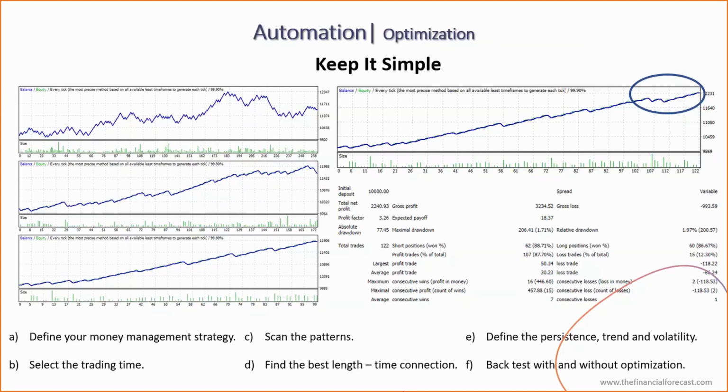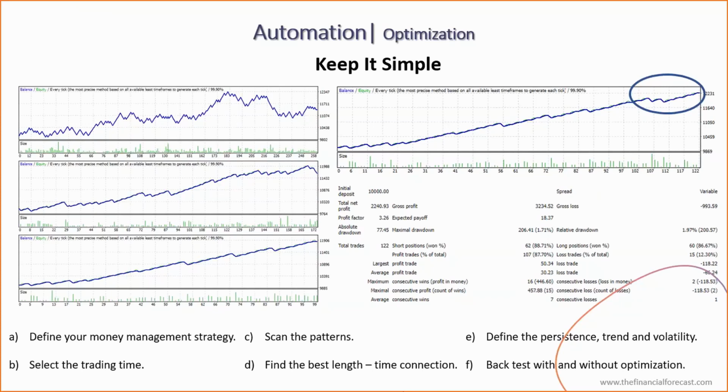And for this we can make mistakes, mainly because we can overfit, we can use a lot of indicators. The recommendation is to only use one for each: one for persistence, one for trend, and one for volatility. And always try to skip all the extremes, those where most of the errors are going to happen.